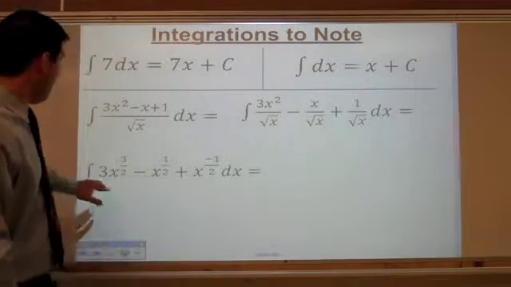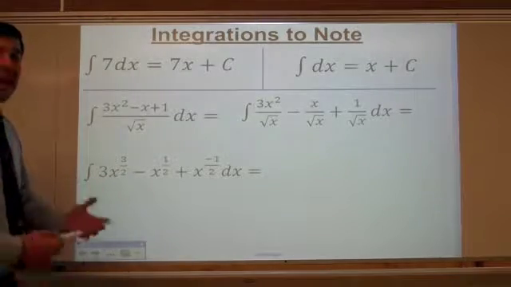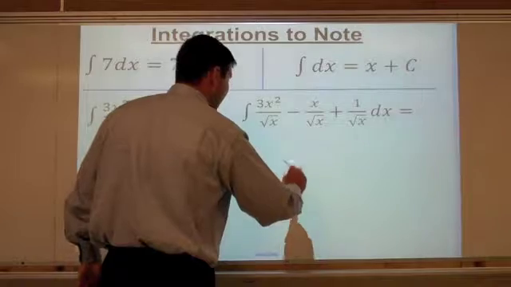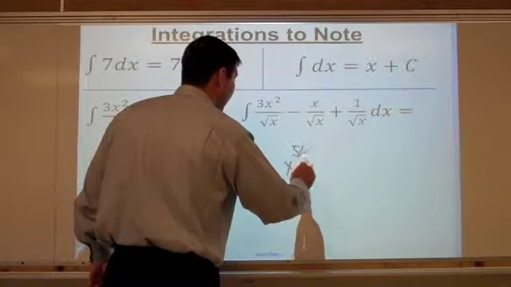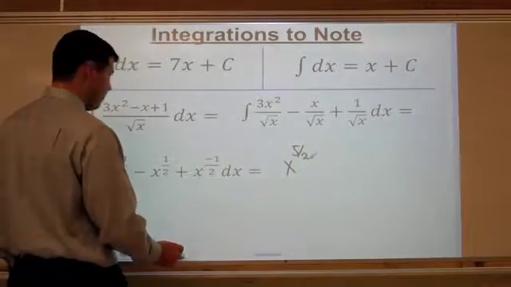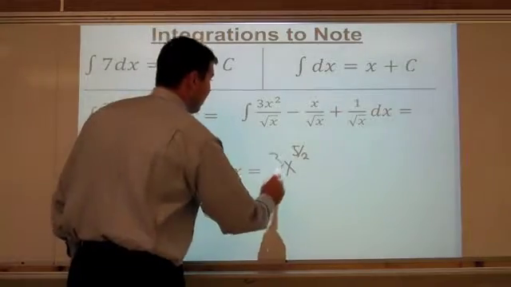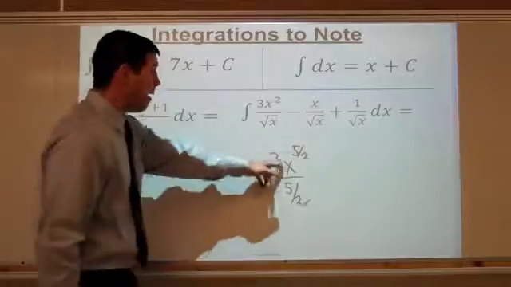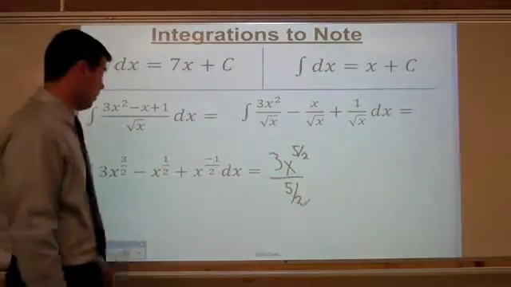Okay. 3x to the 3 halves, add a power. 3 halves plus 1 is 5 halves, so I'm going to get x to the 5 halves. I'm going to have 3x to the 5 halves divided by 5 halves. Add a power, divide by the new power.